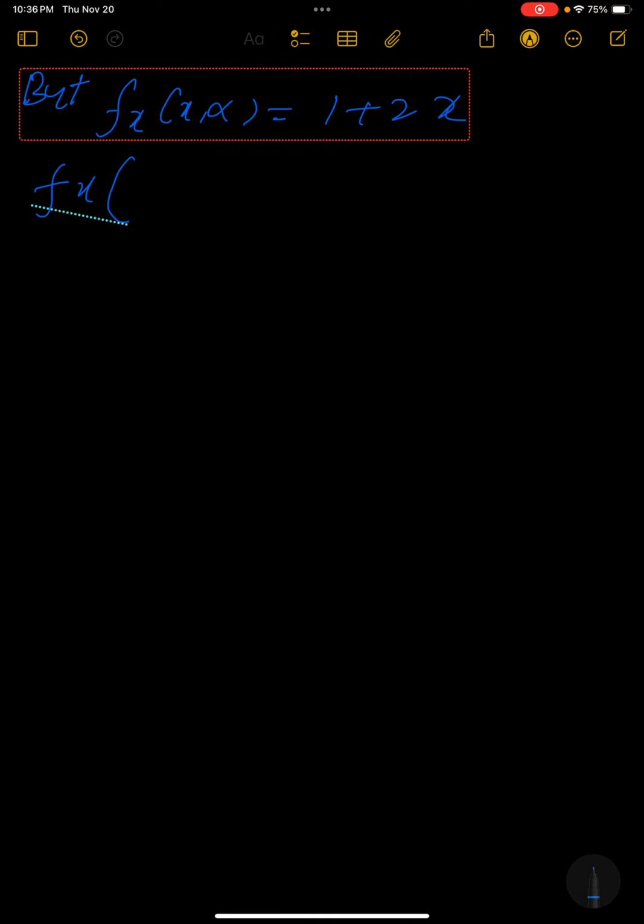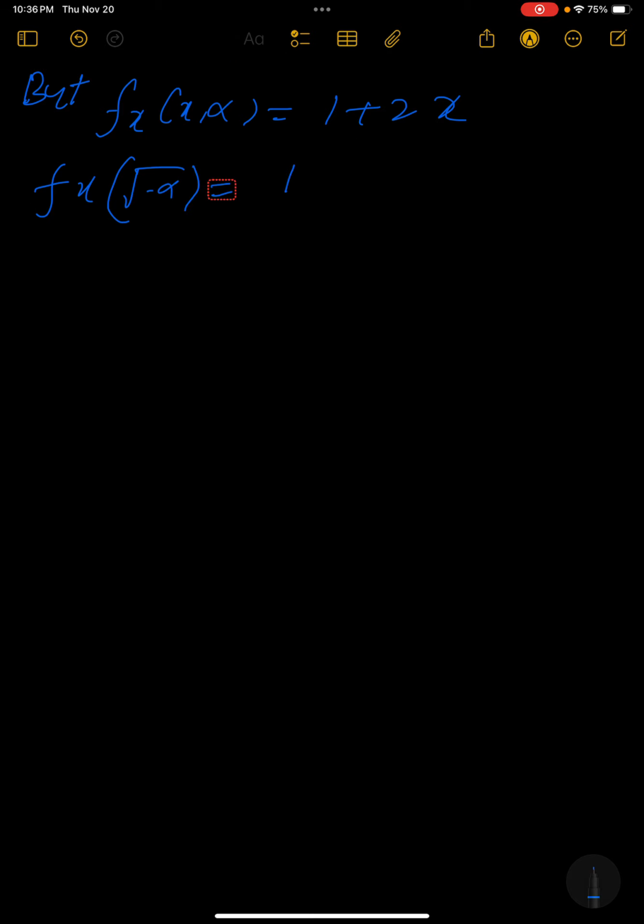Okay, so now we cannot determine the stability for this one, but f_x of x, alpha is nothing but 1 plus 2x. So f_x at square root of minus alpha is 1 plus 2 square root of minus alpha. No matter how small alpha is, this value is always greater than 1.